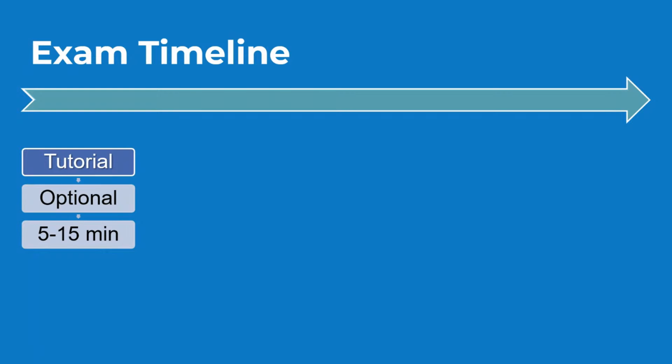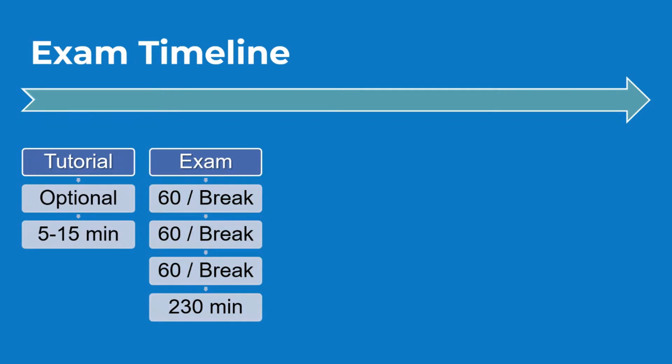It takes about 5 to 15 minutes to go through it. Highly recommended. Don't take the exam without looking at the tutorial. Understand what's on the screen. Learn the various buttons. Do your due diligence, right? And it also helps calm you down, right? If you just look at the technology there and do that.